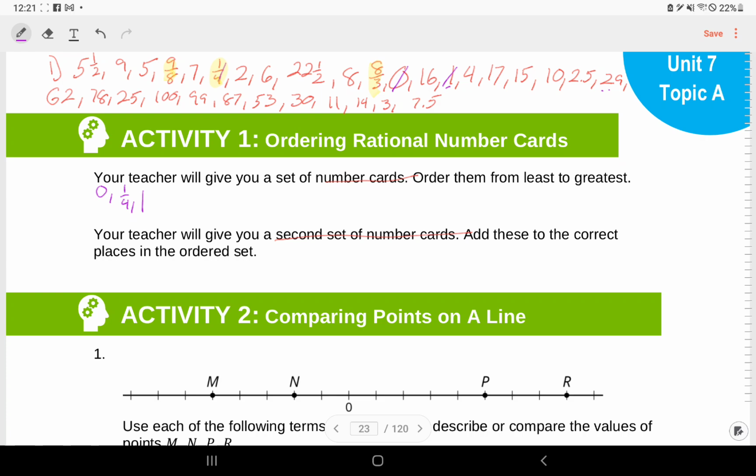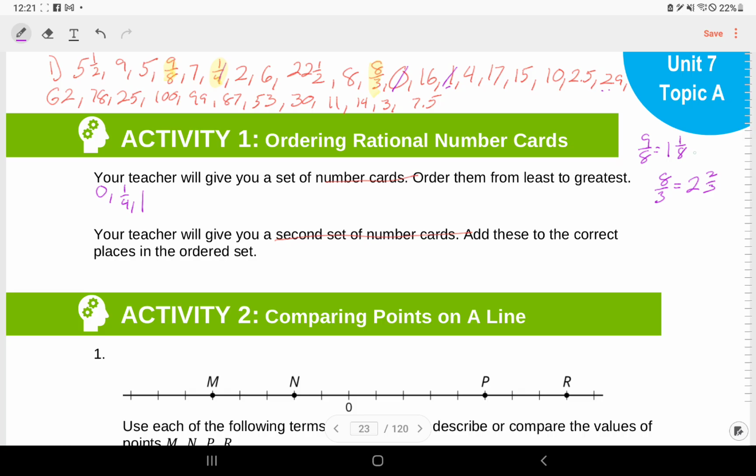Ding. Well, so now I'm looking at between 1 and 2. Well, 9/8 is 1 and 1/8. 8/3, 3 goes into 8 2 times with 2/3.